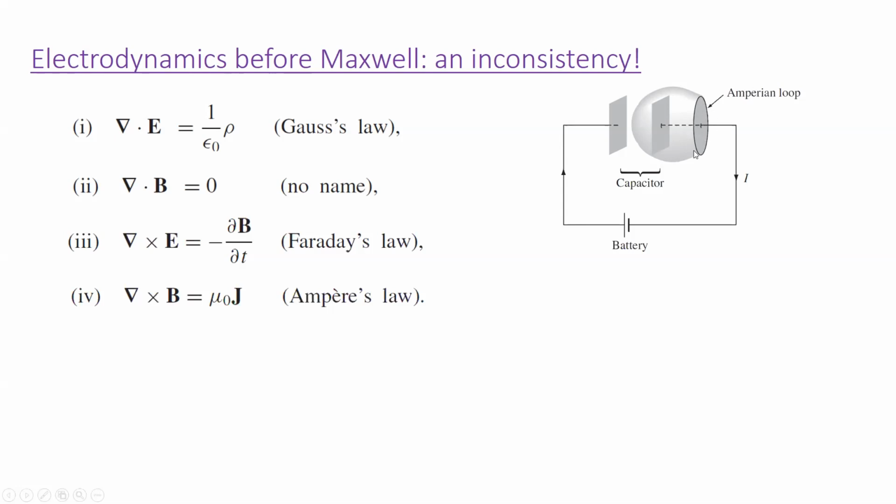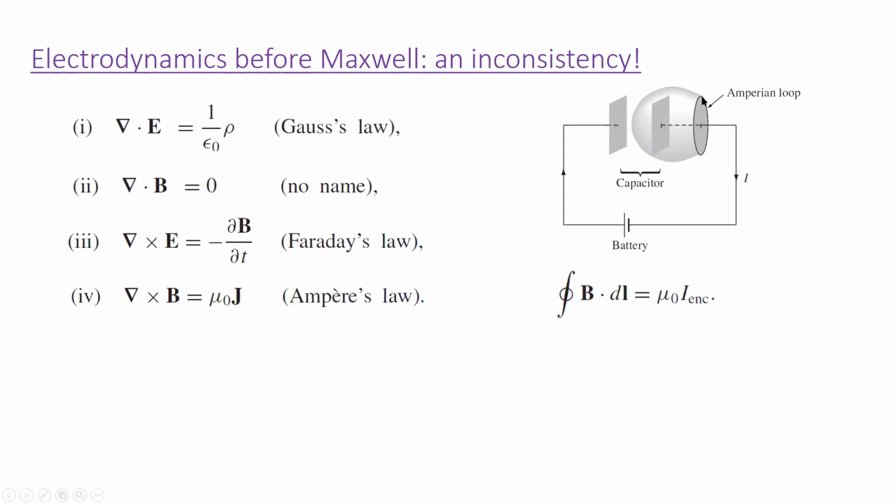If we write the integral form of Ampere's law, it's the line integral of B equals mu naught times the current enclosed.